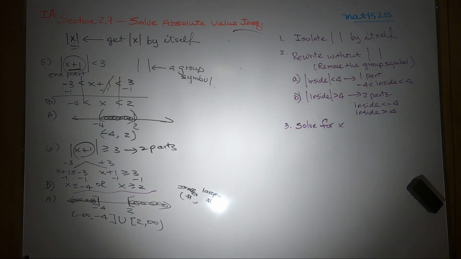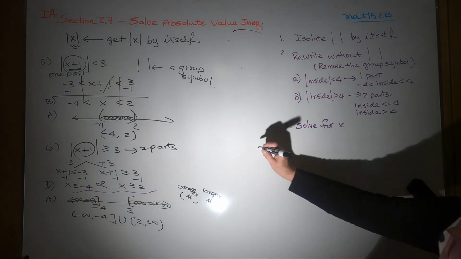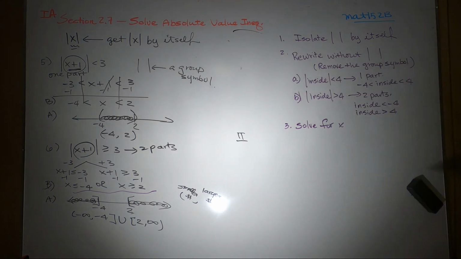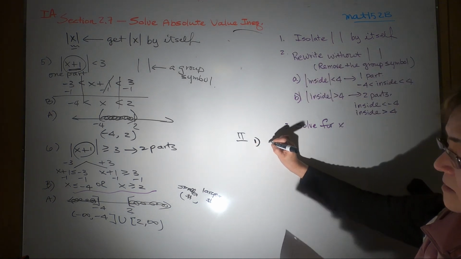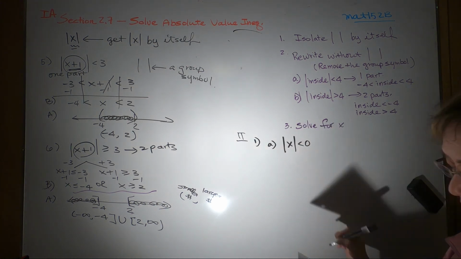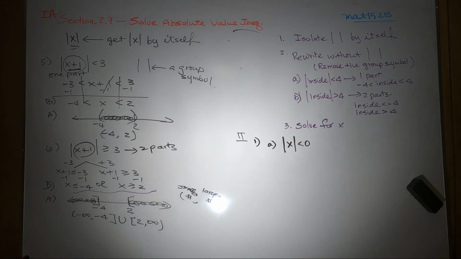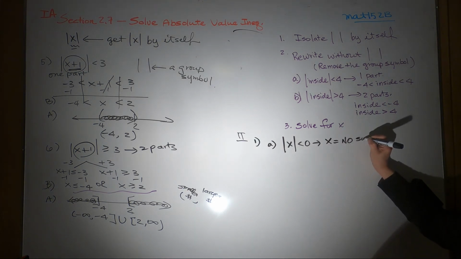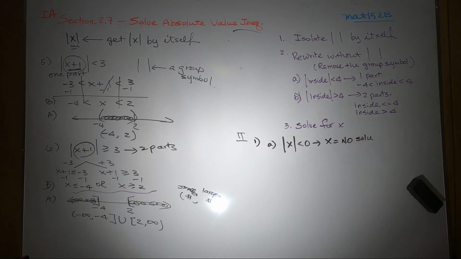Okay. So that's the concept, and if you follow through, you should be able to do it, right? So let's review this. If absolute value less than 0, do you think it's possible? The distance from 0 is always 0 or positive, right? Distance. So that would be what? x has no solution. Okay? Cannot be done.